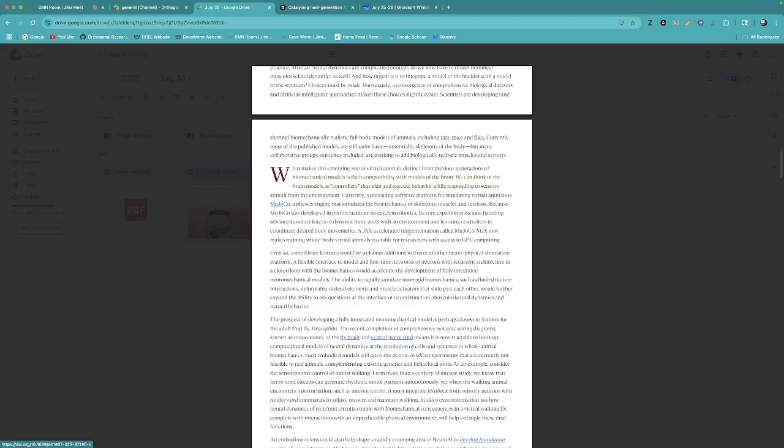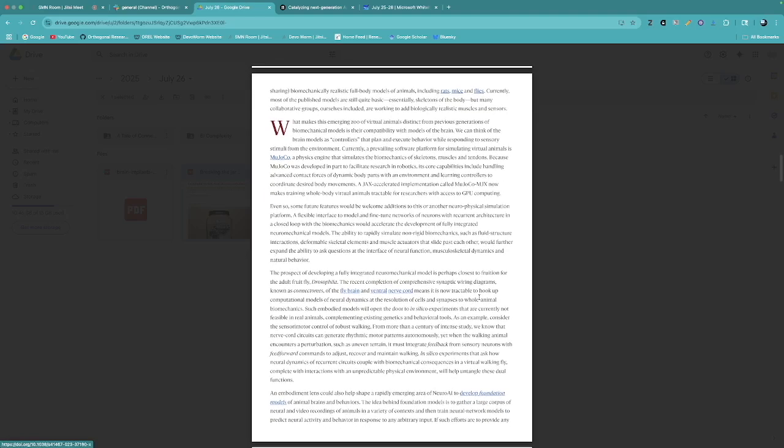A JAX-accelerated implementation called MuJoCo MJX now makes training whole body virtual animals tractable for researchers with access to GPUs. And so we need a good physical simulated environment. MuJoCo is a candidate, but there may be other ways to do this.